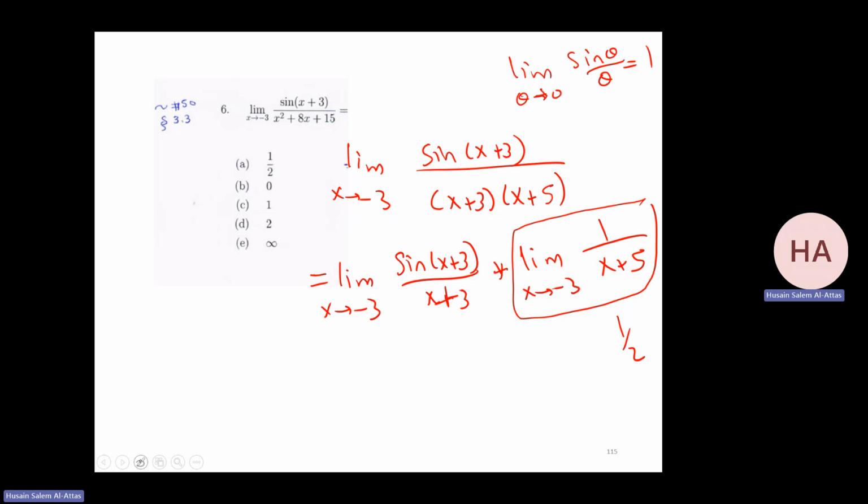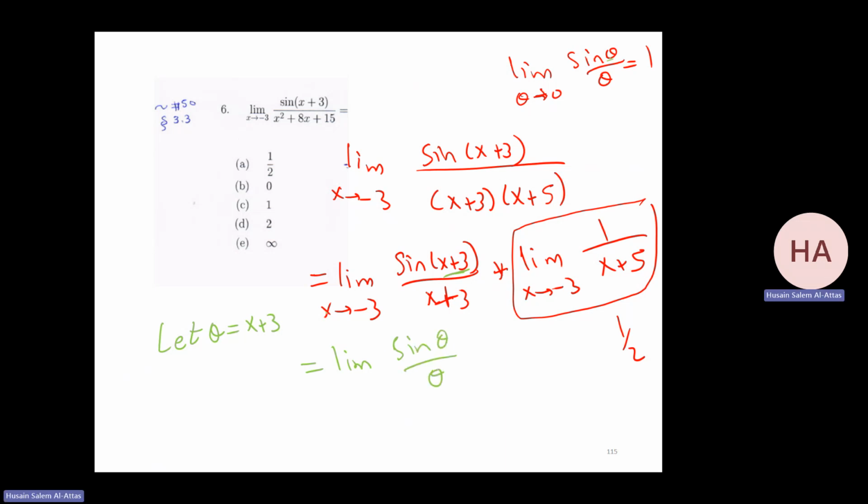Okay. Now for this one, since this is the first one, I let t equal x plus 3. I want this argument to be t or theta. Let me call it theta. So we have the same like this one. So I have the limit of sine theta over theta.